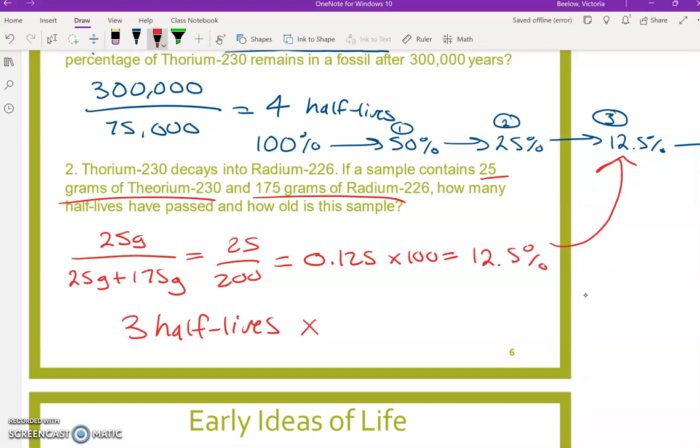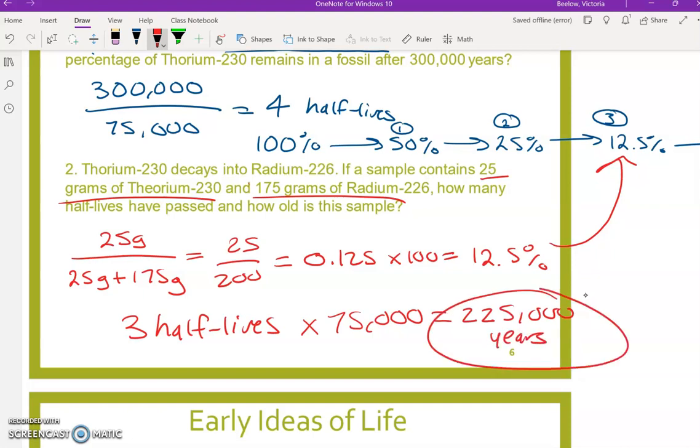Well, if 3 half-lives have passed and I know 1 half-life, according to that previous problem, is about 75,000 years, I can multiply that by 3. So this sample would be 225,000 years old, and this is how much of the thorium-230 we would have remaining.